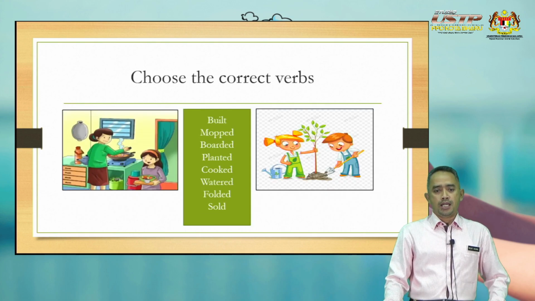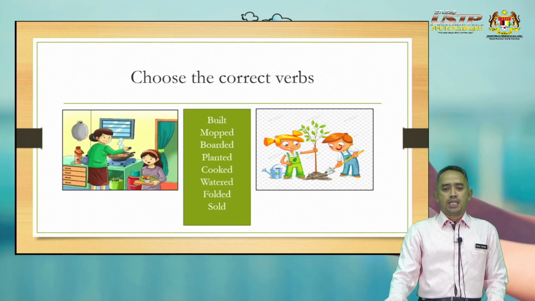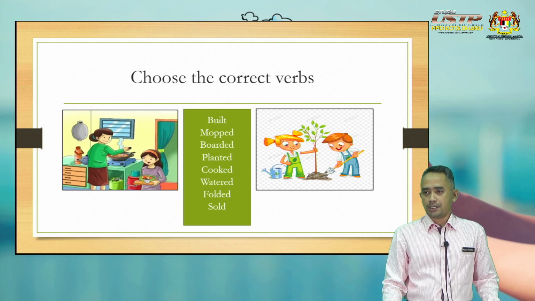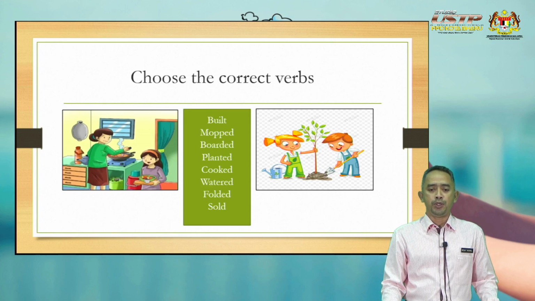Here are some of the activities: choose the correct verbs. There are 2 pictures, and in the middle, there are sets of verbs in past tense. For example, built, mopped, boarded, planted, cooked, watered, folded, sold.